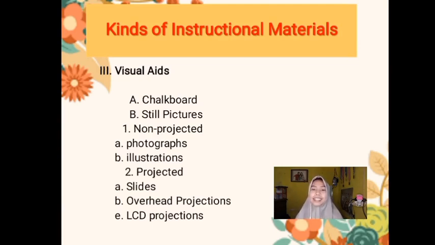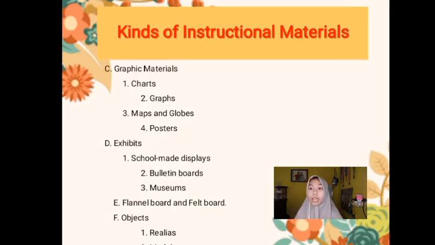Second is still pictures. These materials are divided into 2 types. The first, non-projected, for example, photographs and illustrations, and the second is projected, for example, slides, overhead projection, and LCD projection. The third is graphic materials.